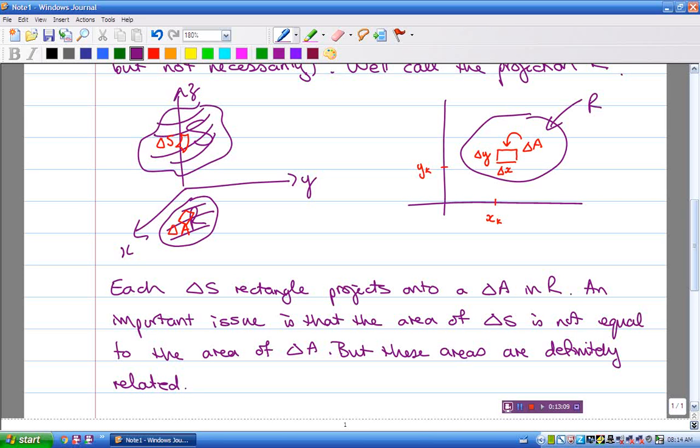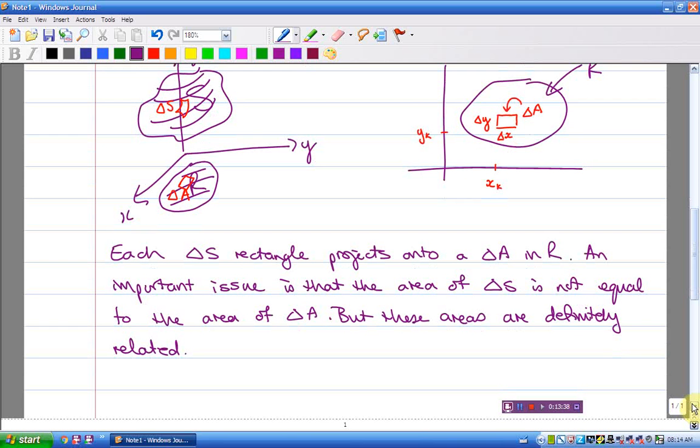So what we're going to end up with is delta S being equal to delta A times a conversion factor, where that conversion factor is in terms of the function that's describing the surface that delta S is a part of, because the characteristics of that surface are going to affect the projection. Okay, but I'll derive it all.